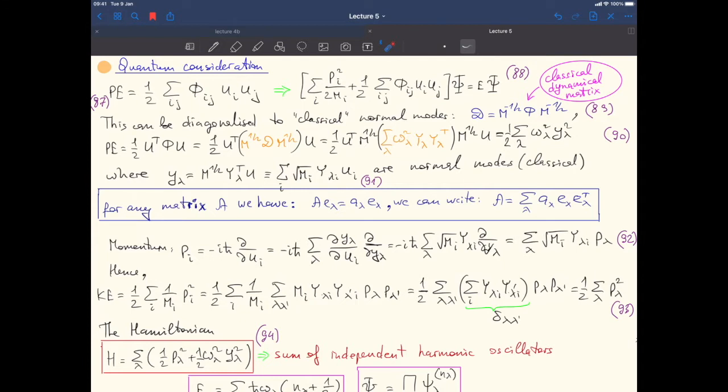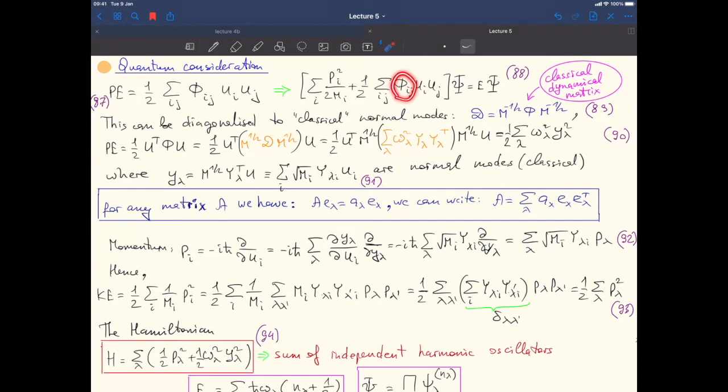And in this new representation, we will find that this Hamiltonian of the quantum mechanical system of these atomic vibrations can actually be represented as a sum of individual independent harmonic oscillators, and that would allow us to solve this equation exactly.